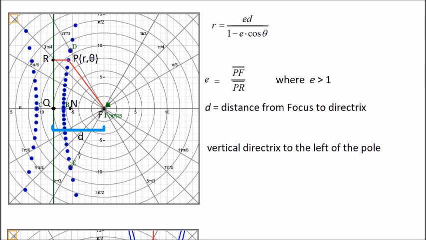I have just shown that the polar equation of this hyperbola is r equals ed divided by 1 minus e cosine of theta. In this case, we have a vertical directrix to the left of the pole, and this is the corresponding polar equation.